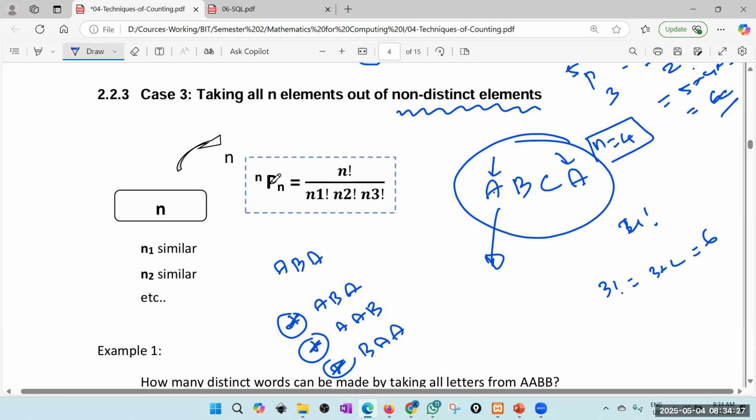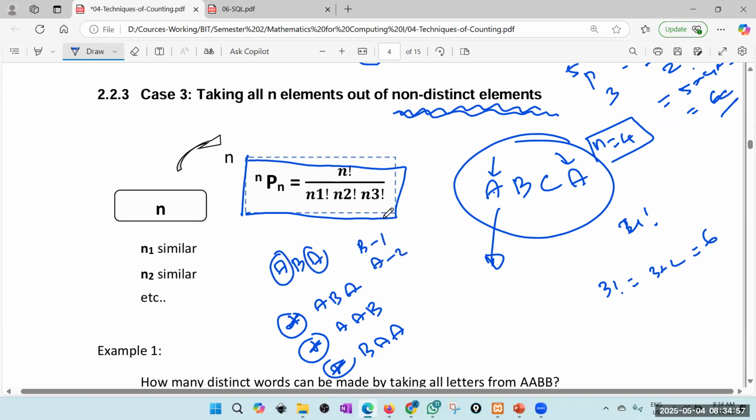So if you have n number of non-distinct elements, and you take all n elements and arrange them linearly, your formula is slightly different. Earlier it was factorial n. Now it is factorial n divided by the factorial of the number of same elements, for each repeated element. In this case, we have B only once, A twice.